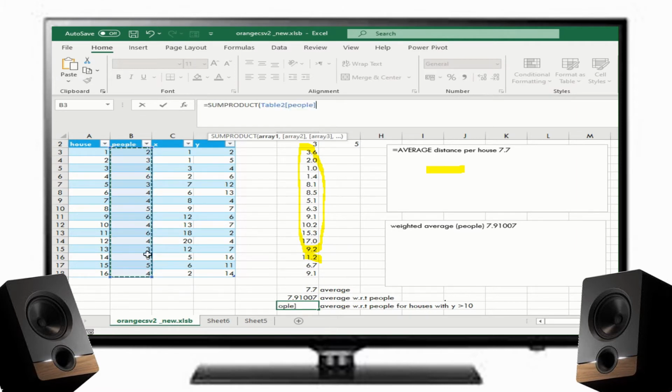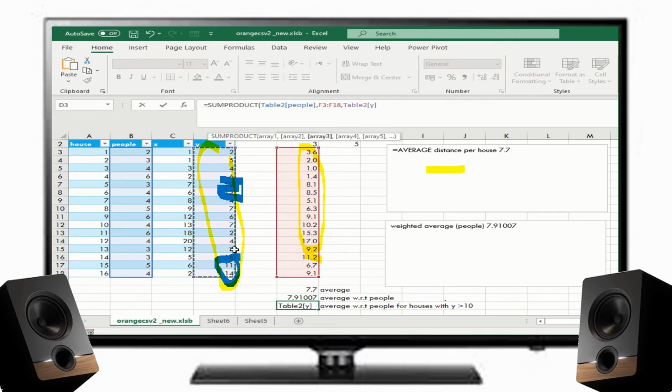So the third thing, which is very interesting, is that I'm interested in finding the average distance traveled per person with some restriction, here in this column called Y. I want to restrict it to Y greater than 10, which should look at some specific places like these 2 places and these 3, sorry.